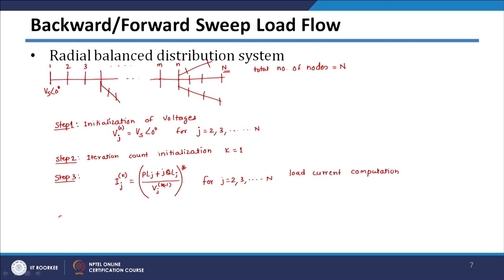And then your step 4 is basically, as you have seen, the backward sweep, where we are calculating the branch currents.